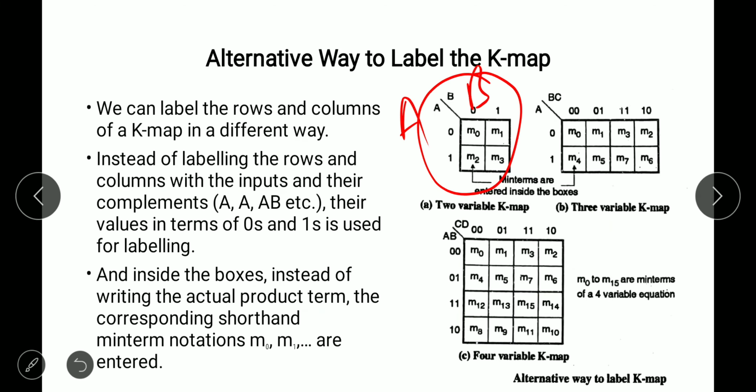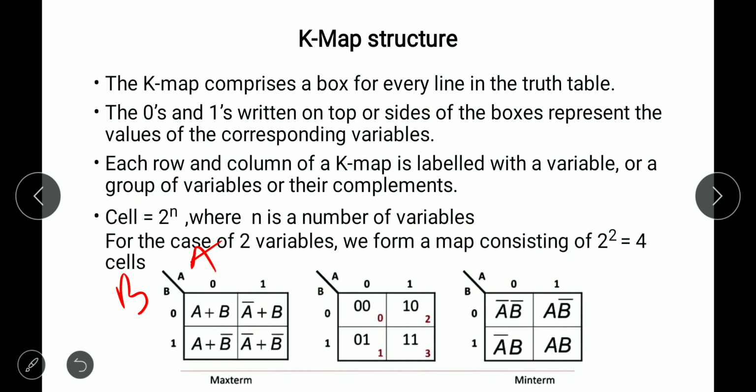You can change the variables. Then you get M0 M1, M2 and M3. If you change this a and b, here you get 0, then 2, and here 1, and here 3. So remember that if you change the sequence, then the numbering also changes.